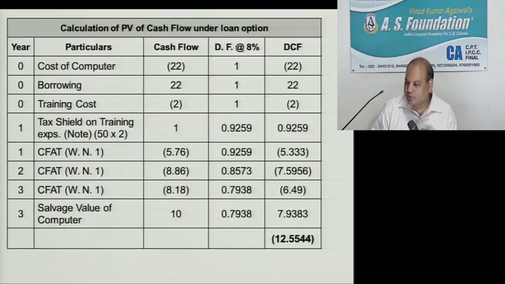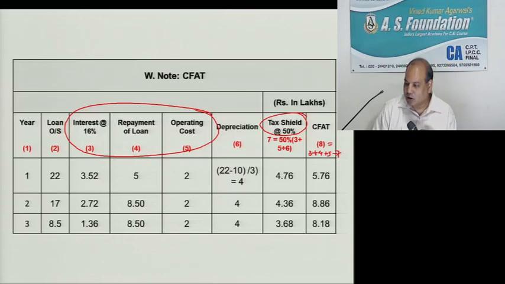Check the answer. Is the final answer 12.55? First check the last column: 5.76, 8.86, 8.18. Is it right? Are these positive cash flows or negative cash flows? In the main page, these are written as negative.